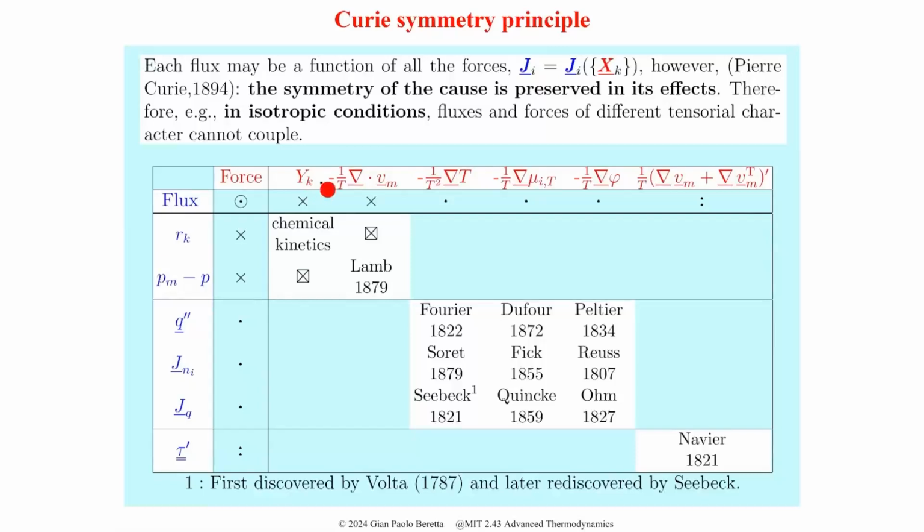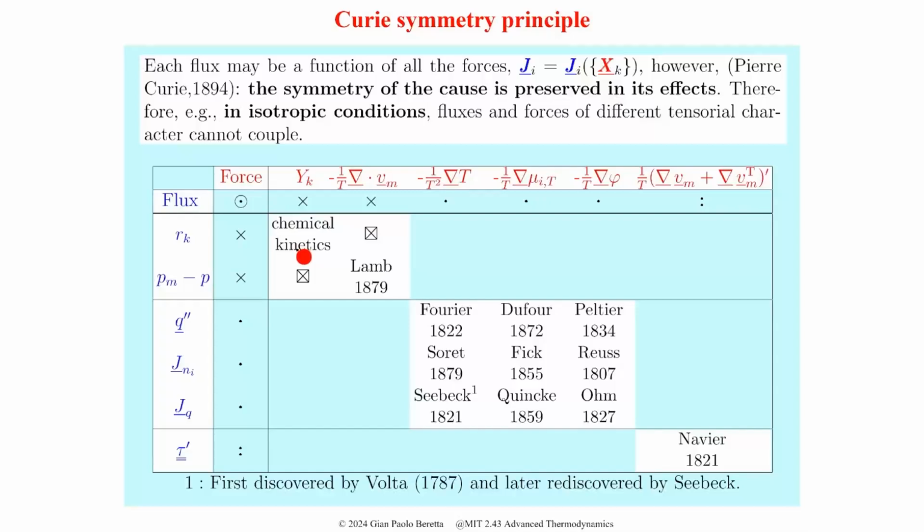So here are all your possible degrees of disequilibrium, and here are all the fluxes. And those laws that we have seen in the previous slide are just the diagonal terms in this matrix of coupling.